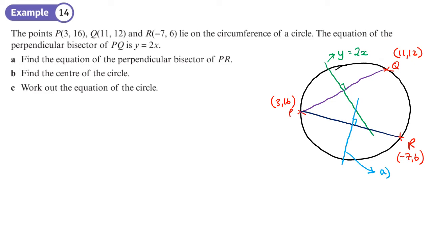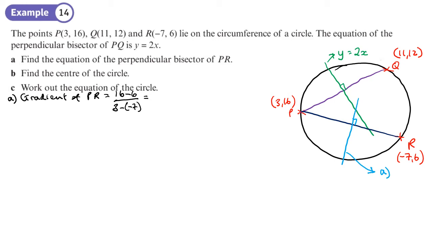To do that, we need the gradient of PR, which is the change in y, so 16 minus 6, over the change in x, which is 3 minus -7.